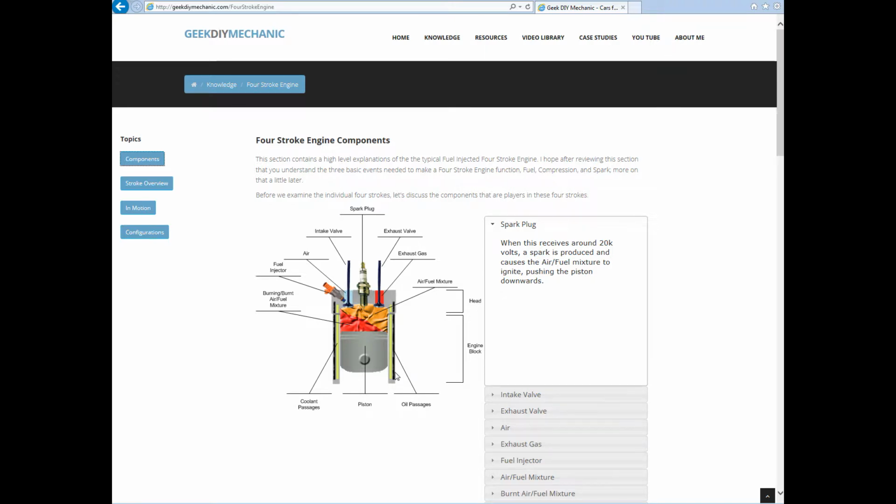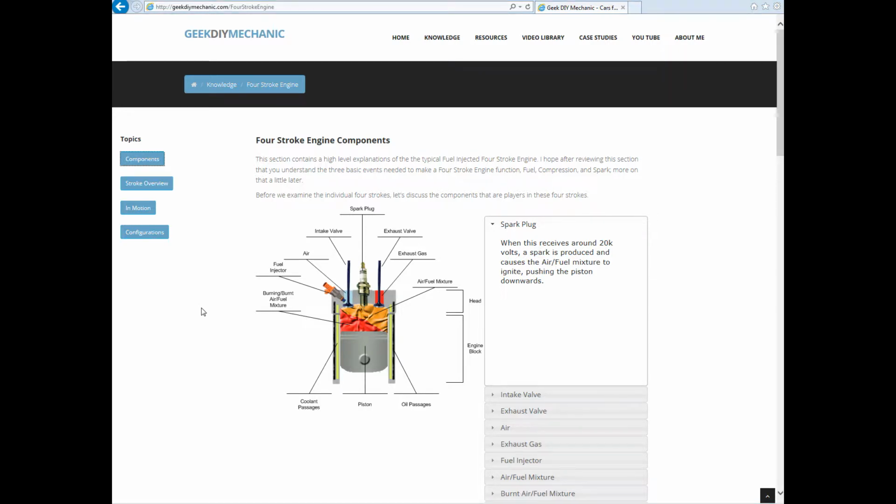In addition, there are oil passages to take oil up to the cylinder head. Oil clearly needs to be applied to these valves so they don't seize, because if you think about it, part of it is in a great amount of heat and it moves up and down, so the oil helps keep that cool.